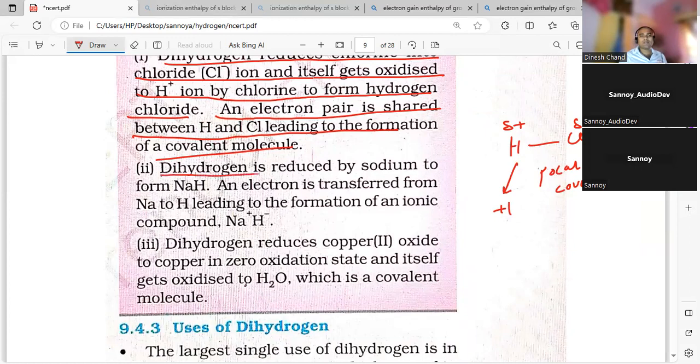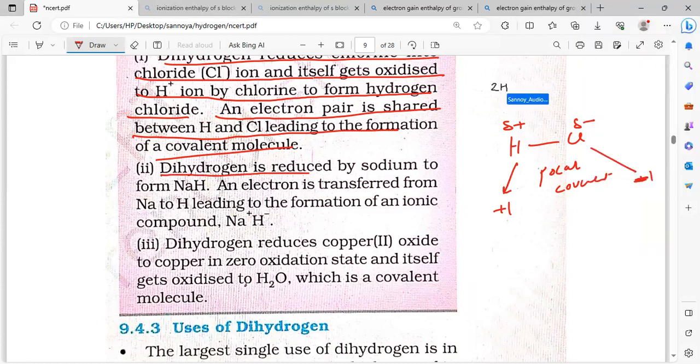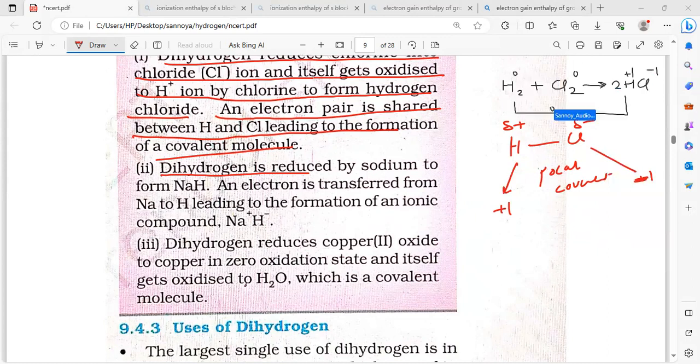Sir, can we write like this, 2H... So here this will be 0, this will be 0, so this will be +1, this will be -1, this will be oxidized, and this will be reduced.